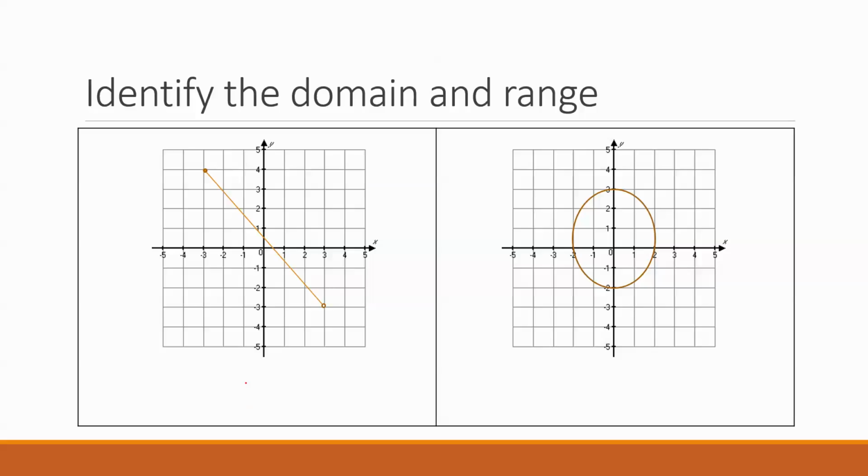So domain. Domain is in regards to the x-axis, how far this graph goes in relationship to the x-axis from left to right. So sometimes it helps if we have a line, we can kind of draw a little box to help us out.